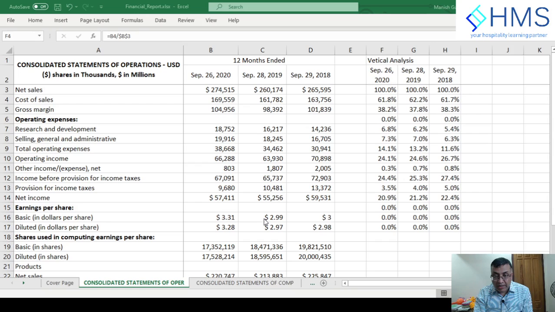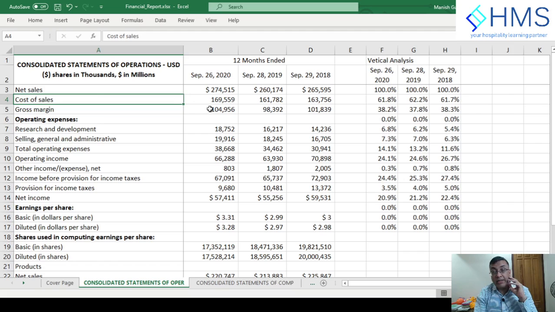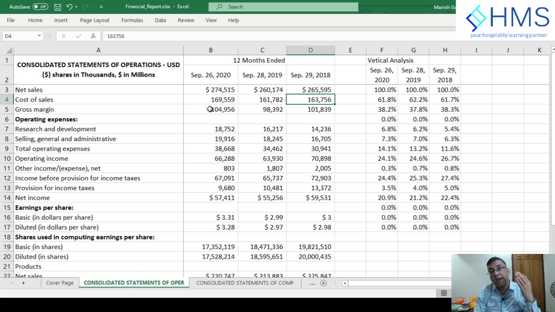Whenever we look at the analysis in Excel, we not only look at the net sales and cost of sales in totality, but also by segment. It can be product-wise, region-wise, or by other methods, whatever the company management feels better represents the data.